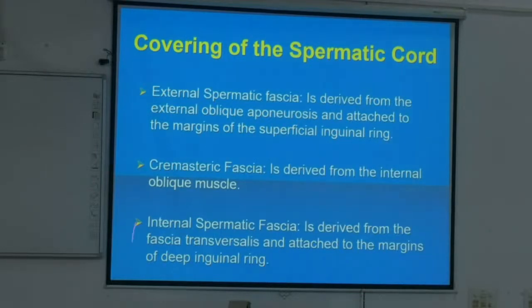These are the three coverings. External spermatic fascia is derived from external oblique aponeurosis, attached to the superficial inguinal ring. Cremasteric fascia is derived from internal oblique muscle, and internal spermatic fascia is derived from the fascia transversalis and attached to the margins of the deep inguinal ring.